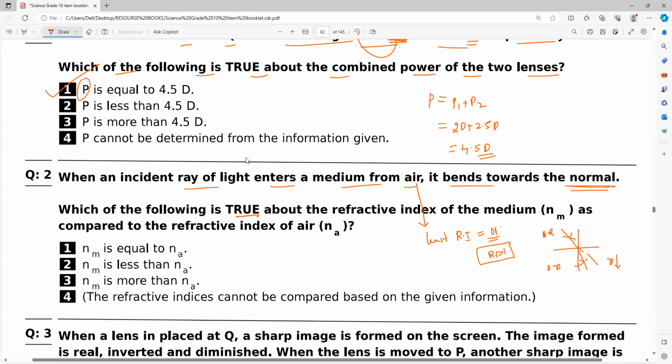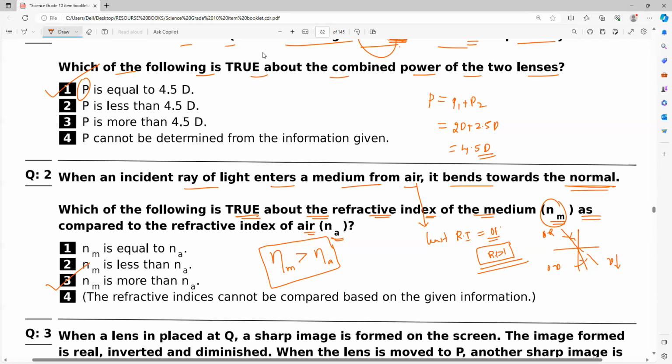So which of the following is true about the refractive index of some medium Nm as compared to the refractive index of air? So what will it be, everybody? Definitely it is more than. The refractive index of any medium is definitely greater than the refractive index of air. Why? Because who has the least refractive index? Air.